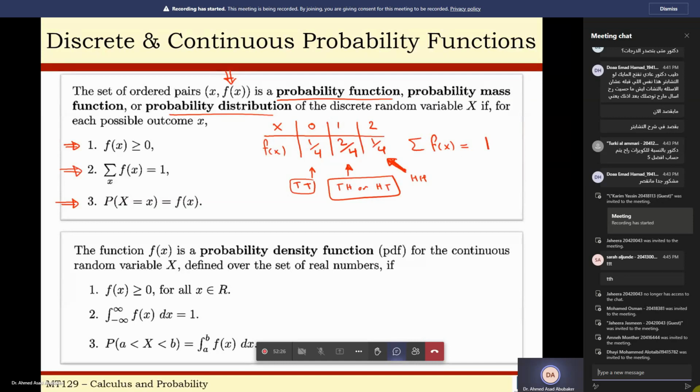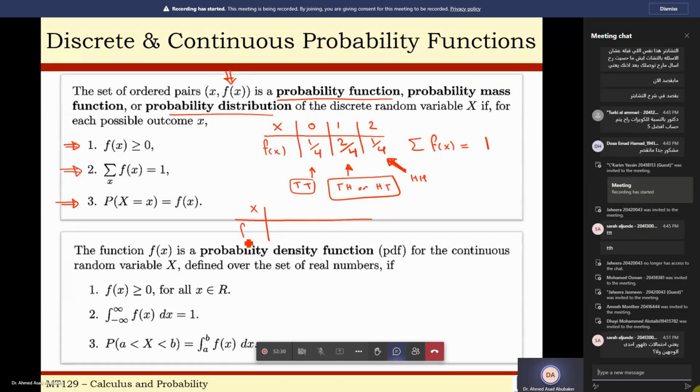If we have some experiment with x and f of x, for example 0, 1, 2, and 3, with 1/5, 2/5, 1/5, and 2/5, all f of x are greater than 0 and less than 1.